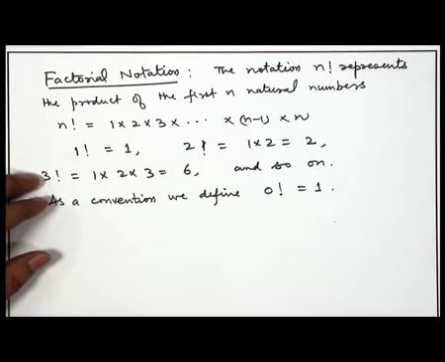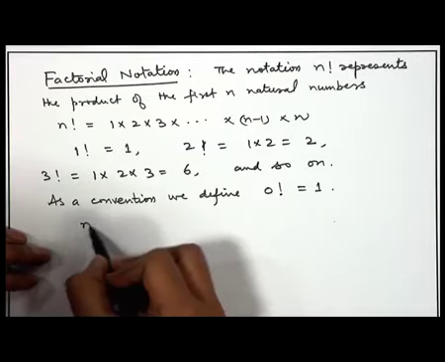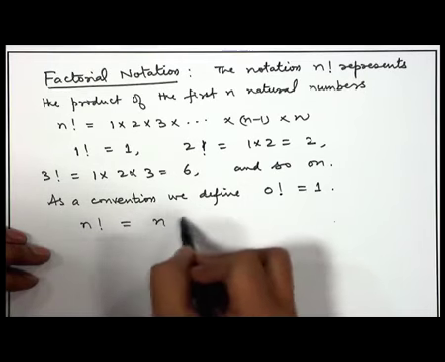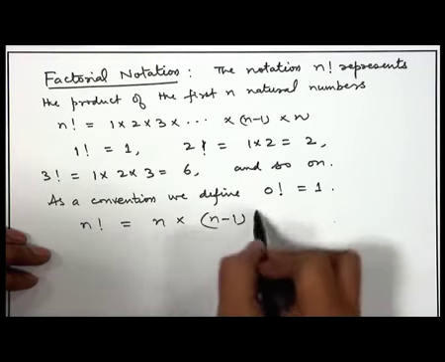Also, we do not define the factorial of a negative integer. So, it is basically only for positive integers, and we include 0 factorial as a special case. Now, something very simple you can observe: n factorial is equal to n into n minus 1 factorial.